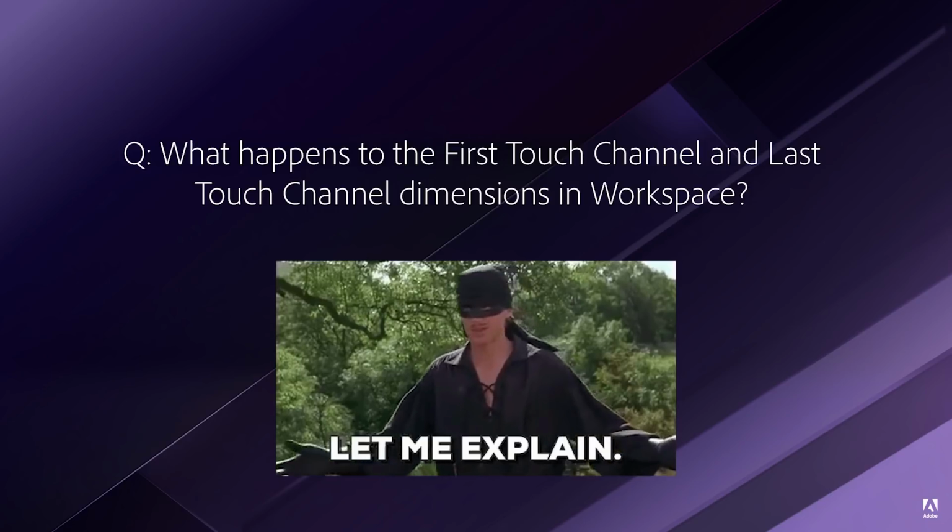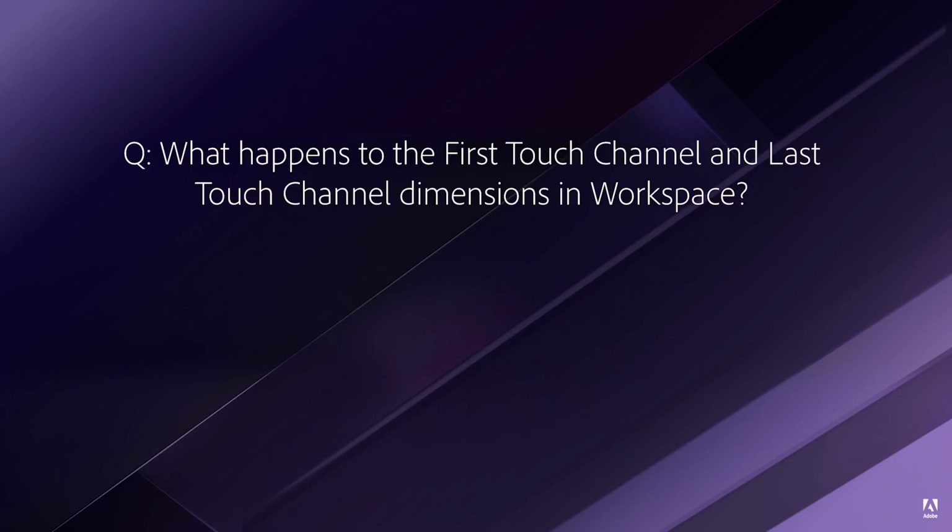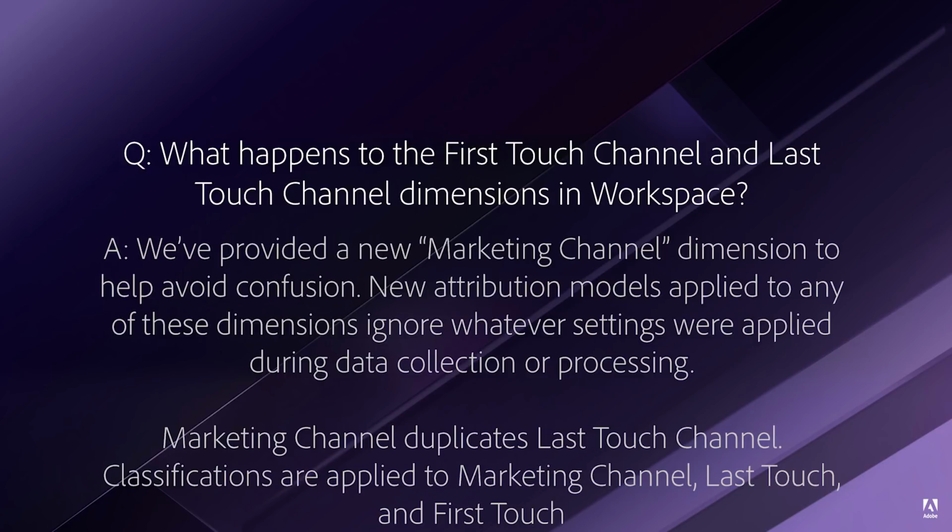Well, let me explain. The answer is you actually have a lot of flexibility. We've created a brand new dimension that you may or may not be aware of, simply called marketing channel. The goal of that is simply to help avoid confusion. Any attribution model that is applied to the previous dimensions ignores the settings that are applied to those dimensions.